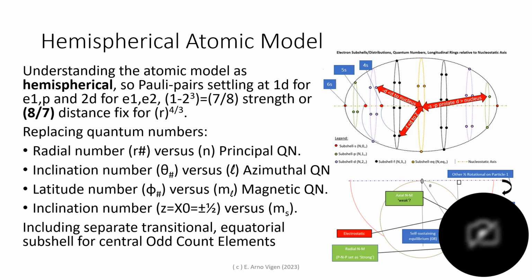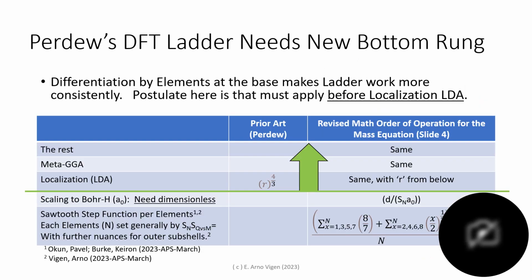This is a new way of looking at the atomic model, but it then matches what we're trying to do in LDA. So traditionally, we've had Perdew's ladder, which is great. It basically went from above the green line here. We have localization, LDA, which is using that R to the 4/3. Okay. Then you went to meta GGAs and all these other steps.